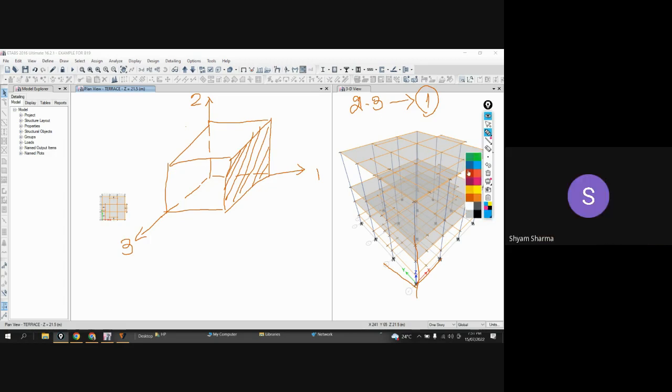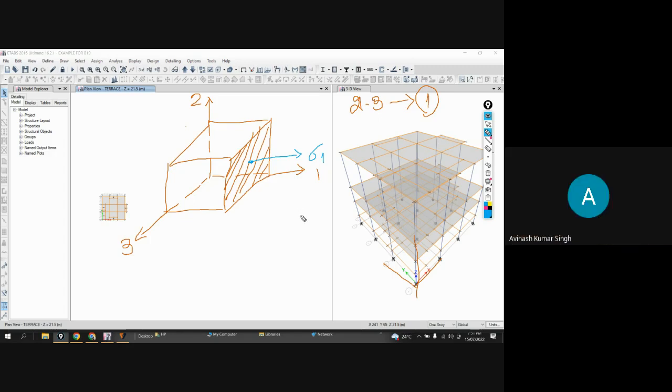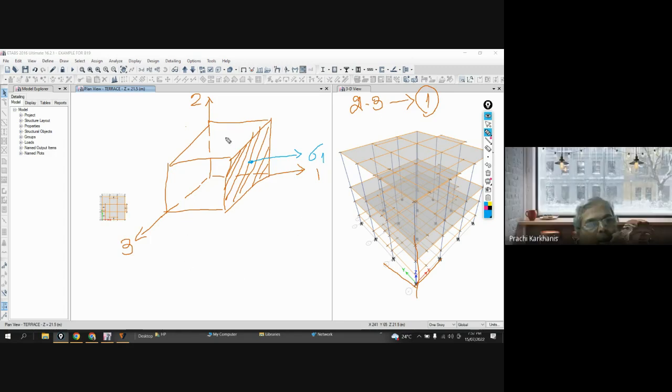Okay, sir. Now let's see. There will be one force which is perpendicular to this plane, so that is called a normal force. I will call it normal force sigma 1. Clear? Yes, sir. Similarly, this plane will be the 1-3 plane, and I will call its perpendicular 2 plane.